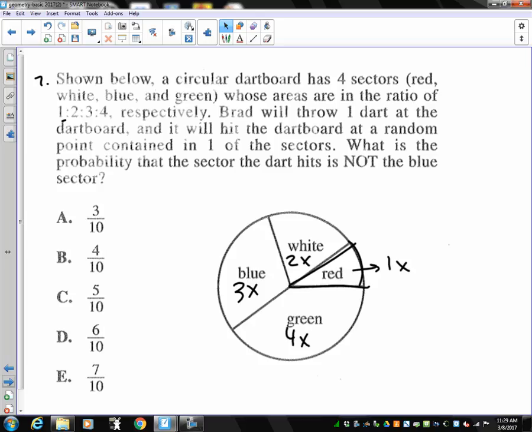Now let's see what we're going to do with this. It says, Brad will throw 1 dart at the dartboard. It will hit the dartboard at a random point contained in one of the sectors. What is the probability that the sector the dart hits is not the blue sector?